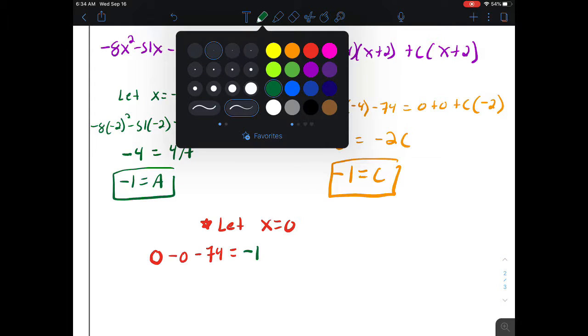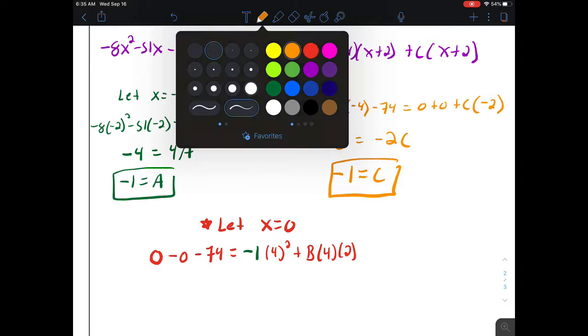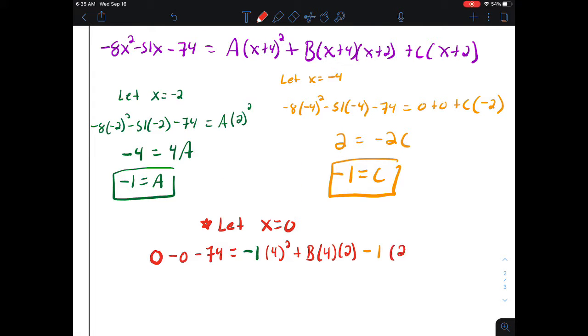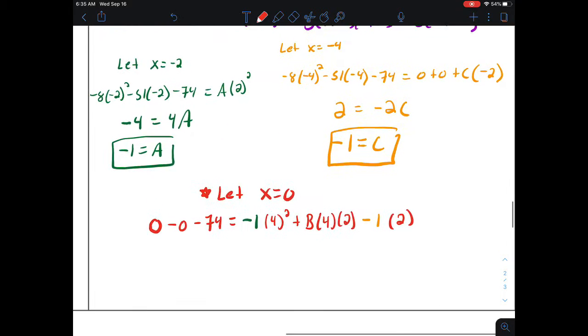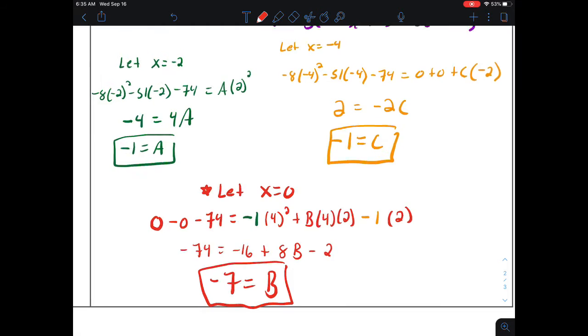So I have -1 times 4 squared, and then plus b times 4 times 2. Now c is -1, so I say -1 times 0 plus 2. And now I'm going to solve for b. We'll end up getting b to be -7.